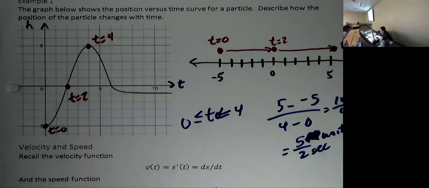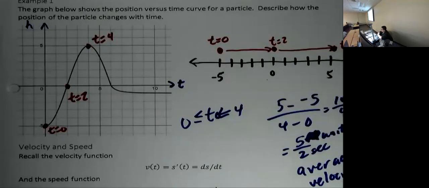But that's the average velocity. For instantaneous, we very much have to take the derivative. We do not have the equation for that line right here, so that might be a little more challenging, at least at some of the points.